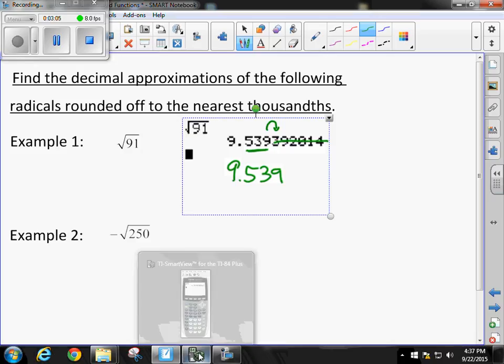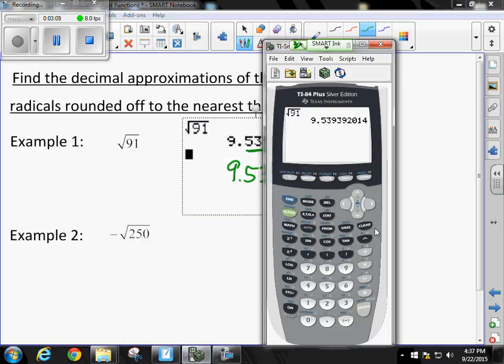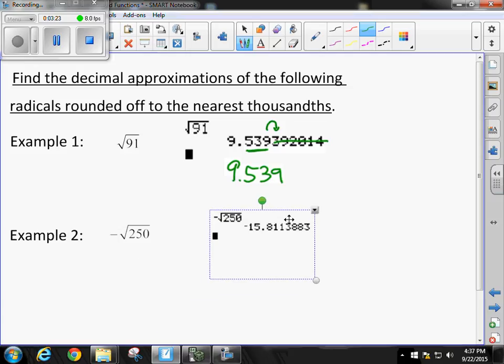Negative the square root of 250. Now this is going to be a negative answer because of the negative out front. Second, the square root of 250. And that turns out to be, I'm going to pull that out so we can talk about it.